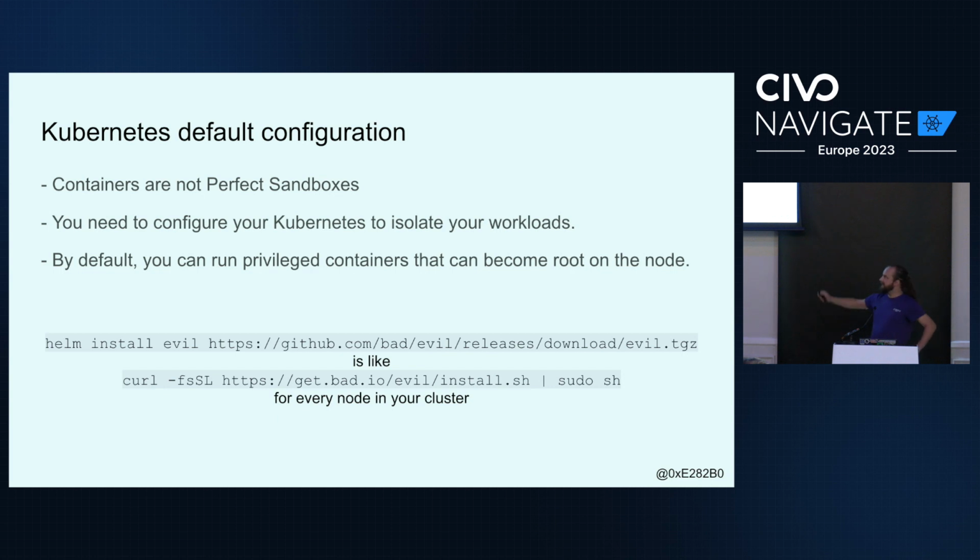When you do a Helm install with a Helm chart from somewhere on the internet, it's basically the same, but for all of your nodes. It can just do anything on all of your nodes, just as a reminder. When you're doing that with KWasm, we have good intentions, so that's a good thing, just using Helm and installing KWasm. But for every other software, you should be careful.